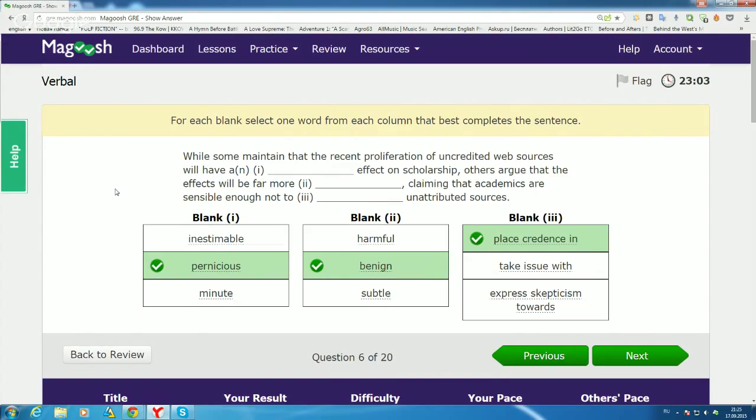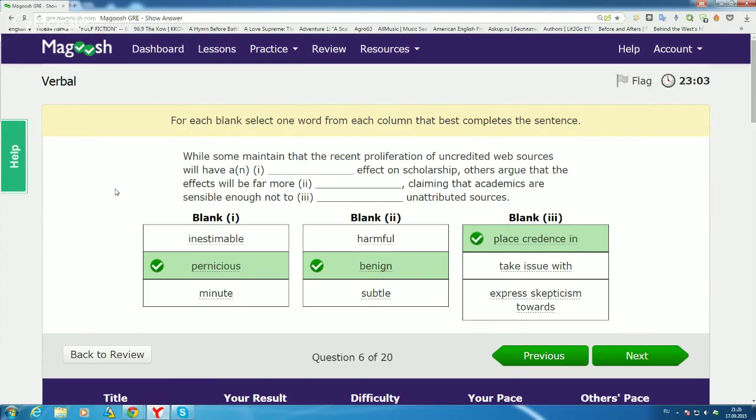Okay, John, please read. For each blank, select one word from each column that best completes the sentence. Make sure that it's word, not verd.